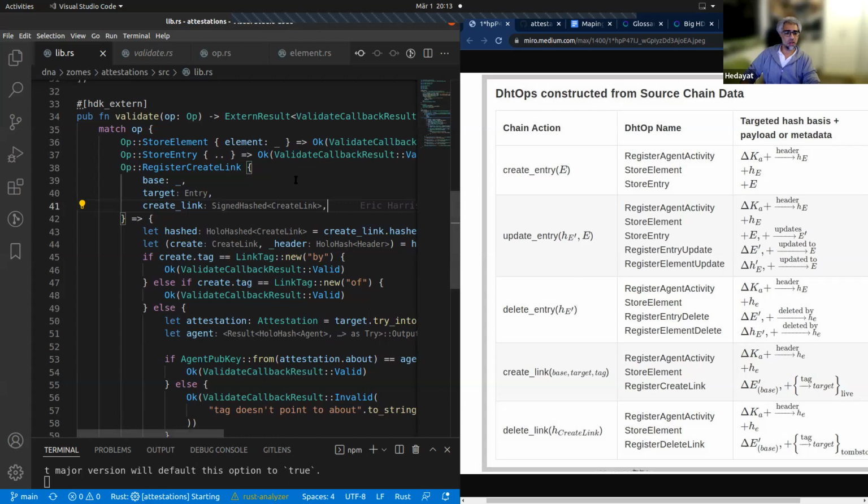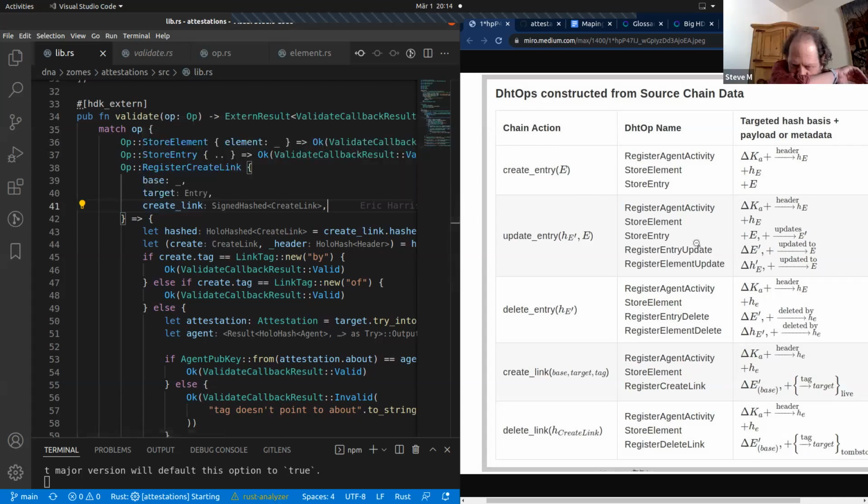Thank you, Steve. We can also open more about validation in countersigning at the end if there is interest. But I would like to go back to validations again. Let's continue the quick review to see what's happening. If there is a create entry, there are register agent activity, store element, and store entry.